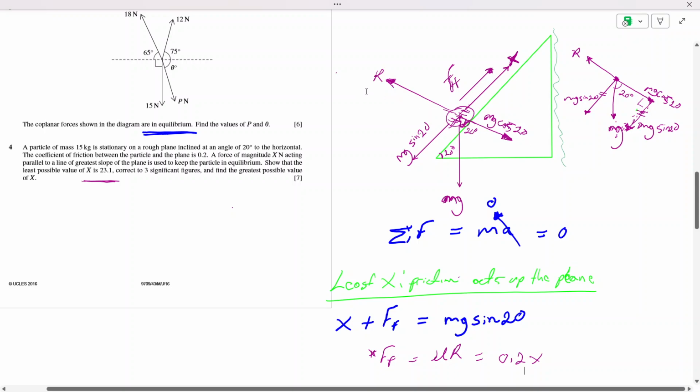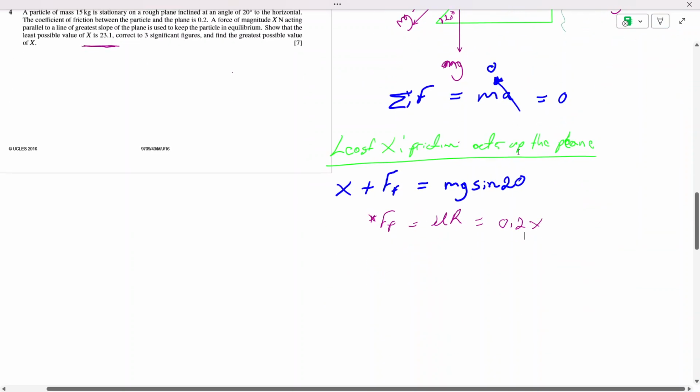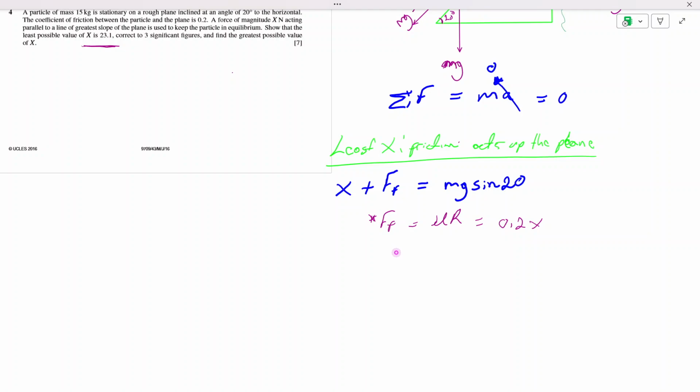We know that the particle is not moving up or down, therefore its acceleration up or down is also equal to 0. So we equate these two. It'll be something like R minus mg cos 20 is equal to 0. Therefore, I can take that to the other side. Therefore, R will be equal to mg cos 20, like that. Okay. All right.